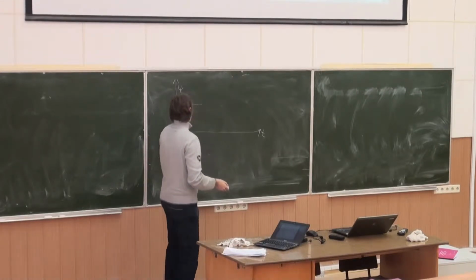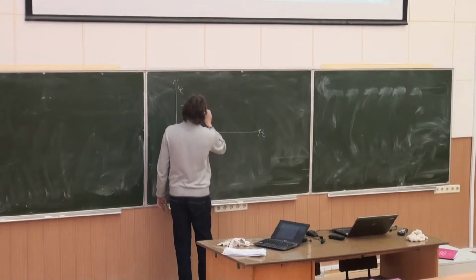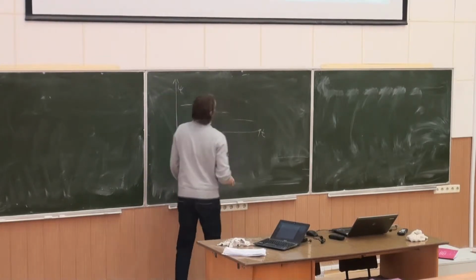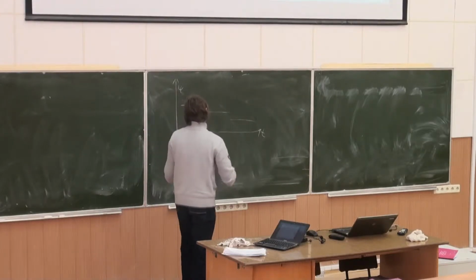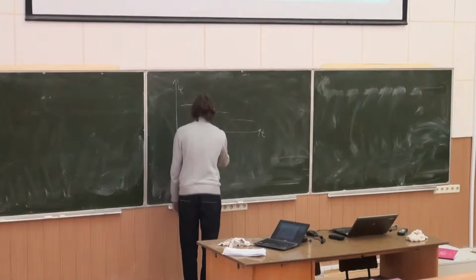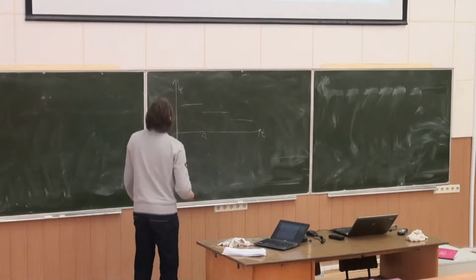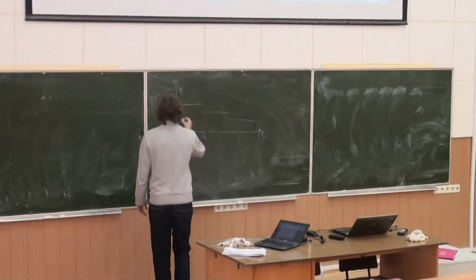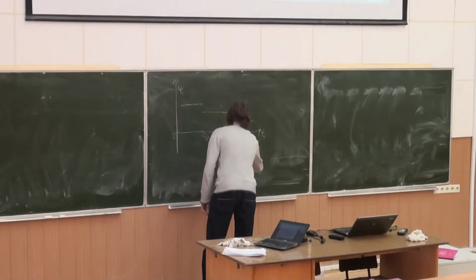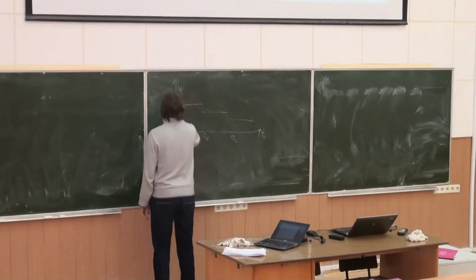It's almost everywhere constant, and it has leaps at the points which are the best approximations. We denote such points by q1, q2, and so on, and the value of the function we denote by zeta.